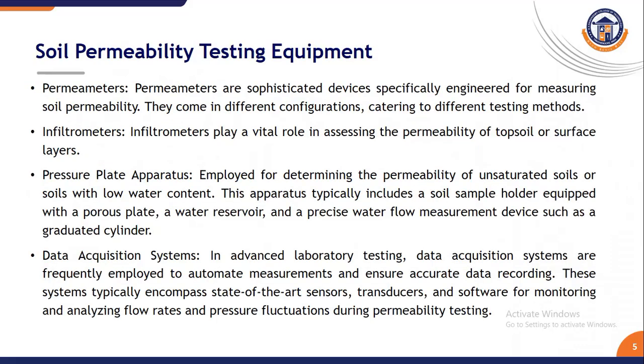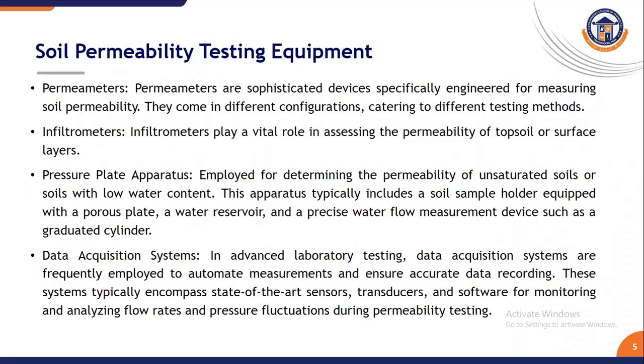The next one is soil permeability testing equipment. Here permeameters are laboratory devices used to measure permeability under controlled conditions. Infiltrometers are used to measure surface soil permeability in the field. Pressure plate apparatus is used for unsaturated soil.